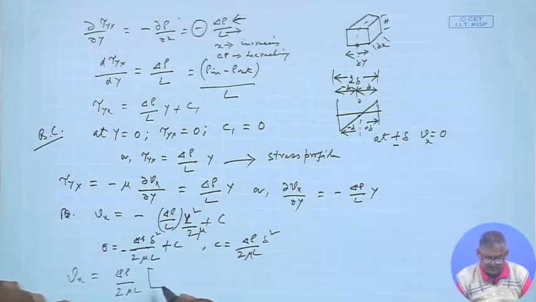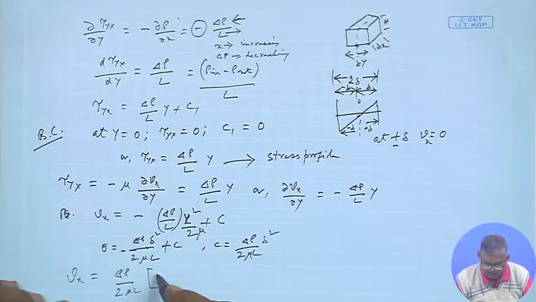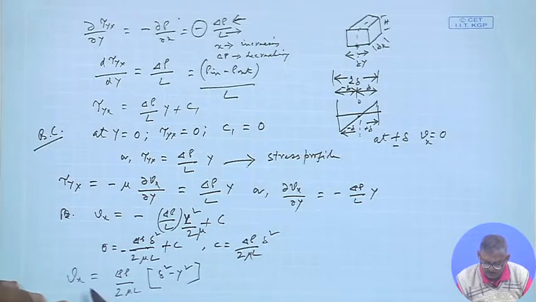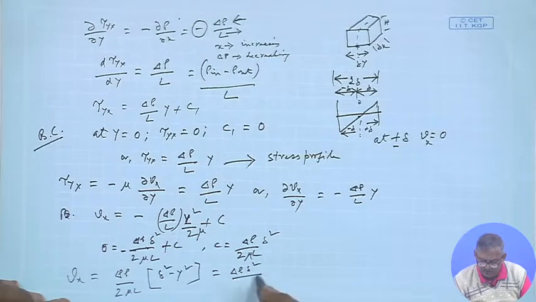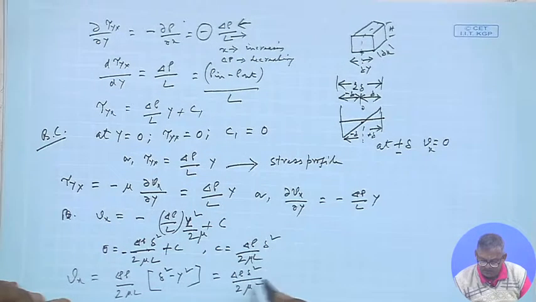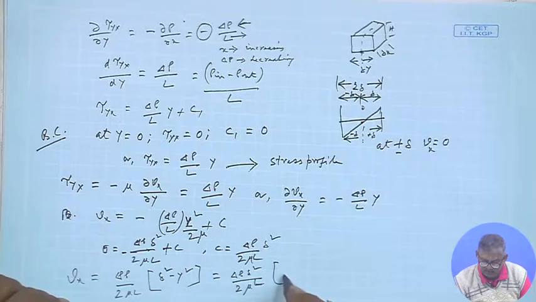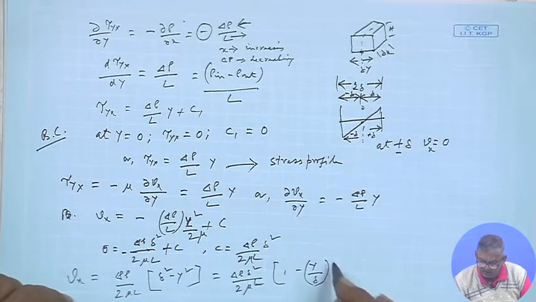So, if we take del square common, del square minus y square is the V x. Or we can also write this is equal to delta p del square over 2 mu L into 1 minus y by del whole square.